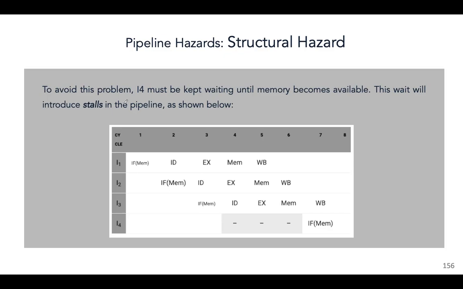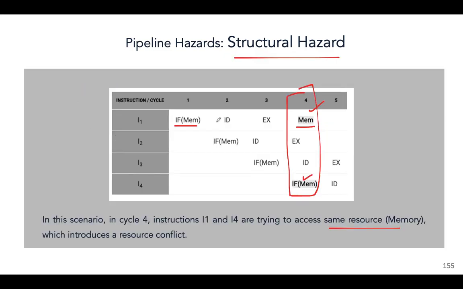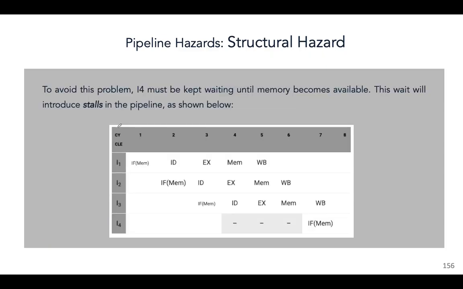Now to avoid this problem, I4 must be kept waiting until memory becomes available. Because I1 entered the pipeline first and I4 came later, I4 will have to wait until I1 is all done and finished with memory, right? So I4 must be kept waiting until memory becomes available. This wait introduces stalls in the pipeline.